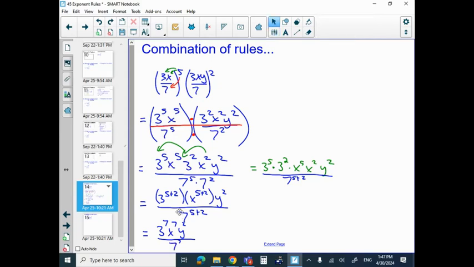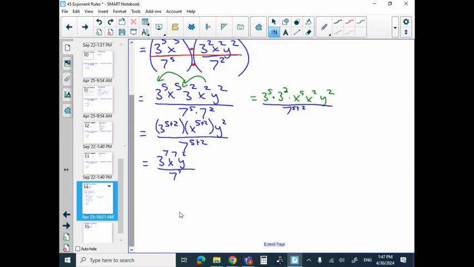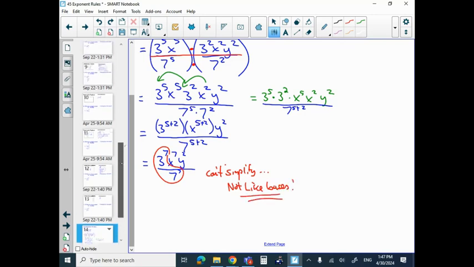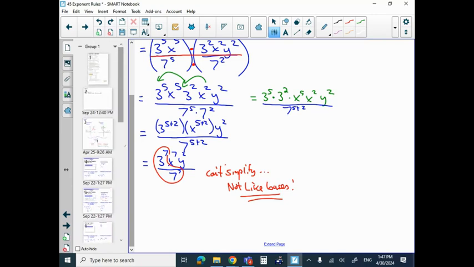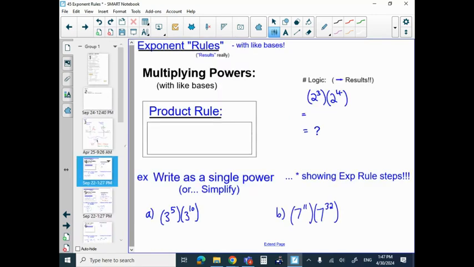Okay? Now, it might be tempting to try and look at simplifying this, but it can't simplify. And that's because, I don't know if I said it enough at the beginning, they're not like bases. So it was on the page, I just didn't emphasize it. But in the end, we get to emphasize this. So they're not like bases, so they can't combine. So up at the beginning here, I said exponent rules, and this is all just with like bases.